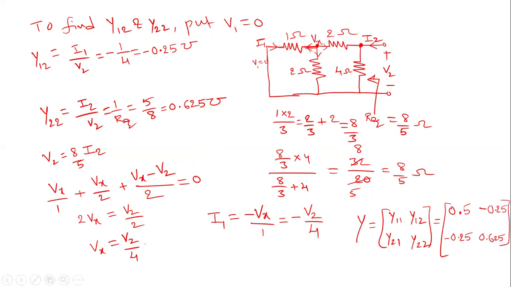The units are mho. So these are the Y parameters for the given two-port network. For this same circuit, we can find the other parameters, ABCD and H parameters. We'll continue in the next class. Thank you for watching.